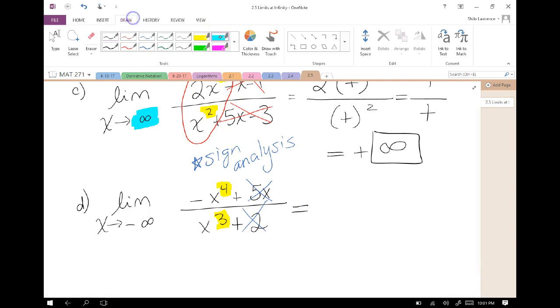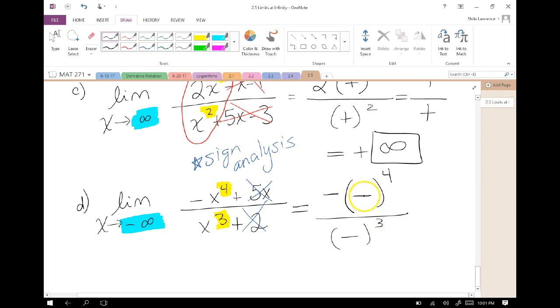Now on this problem, we are plugging in a negative number because we're interested in what's happening as x approaches negative infinity. So we're going to be plugging in some really big negative number. So if I plug in some really big negative number, we're going to be doing the negative of that negative number to the fourth divided by a negative number cubed.